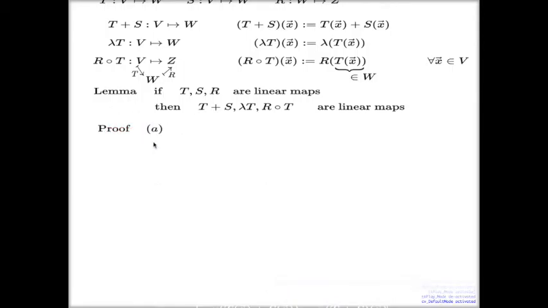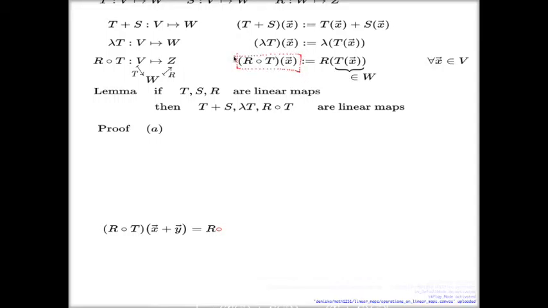I'll check requirement A, and I'll check it only for the map R circle T. Requirement A says that if you apply your proposed linear map to a sum of vectors, the result must be the sum of the individual applications of this map. So if I apply R circle T to x plus y, first I'm going to use what it means.